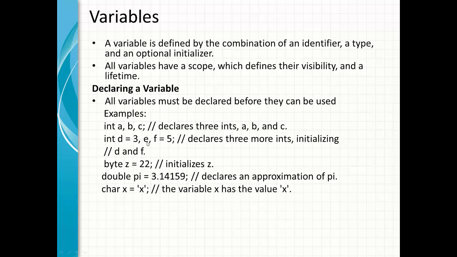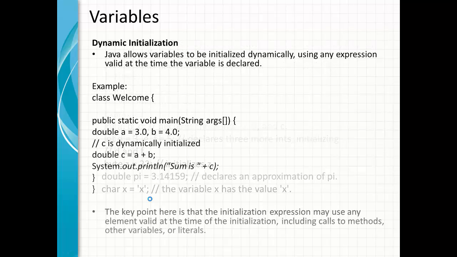Over here we initialized d, but we did not initialize e. Declare 3 more ints initializing d and f. Byte z is equal to 22. Initialize z. Double pi, we initialized that one. And over here, this is how you initialize the character.